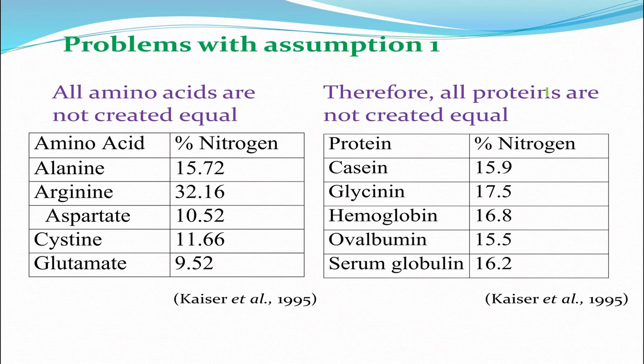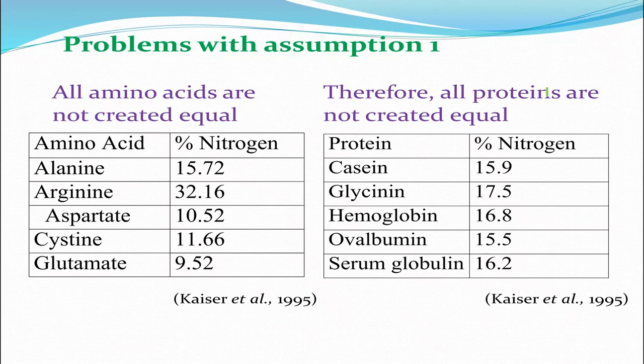So the amino acids are not in proper content. For example, you can see that alanine is 15%, arginine is 32, aspartate 10, and cysteine is also 11, whereas glutamate is 19, 9.52%. So all proteins are not created in equal quantity.